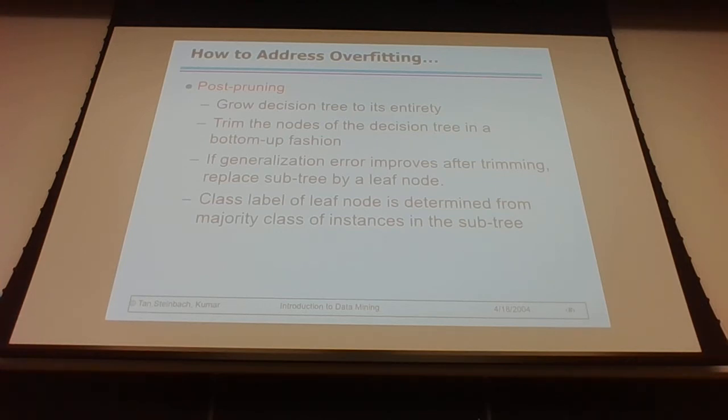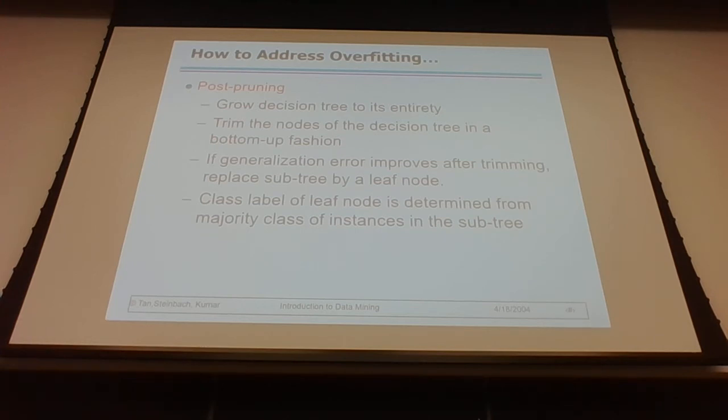So what is happening? Let's say you have a tree and you have 2 leaf nodes, and this leaf node has another 2. So you take this node and you cut it. If you cut it, then whatever was here will go to the root node. So if you replace it by a single node, you don't split. What is the impurity measure, versus when you split? So if the, no, not impurity measure, sorry, generalization error improves, then only you change.